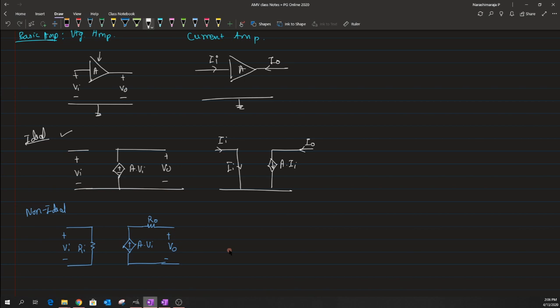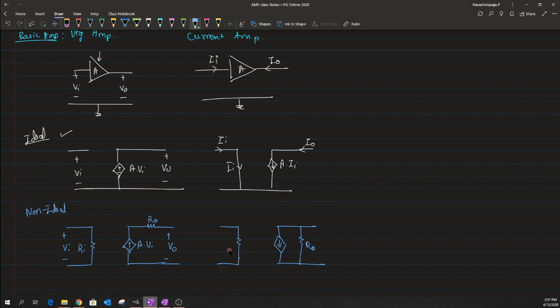The non-ideal structure will include again some set of resistances. In short, the output current source will have resistance Ro here, and even this input current will have some sort of resistance. I guess it's supposed to be in series.